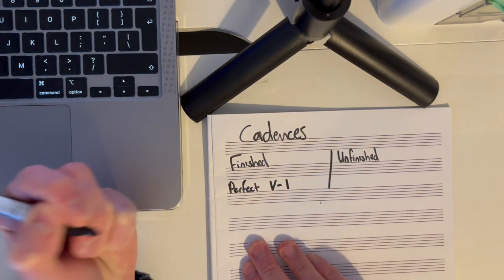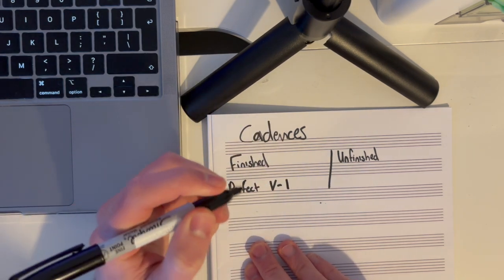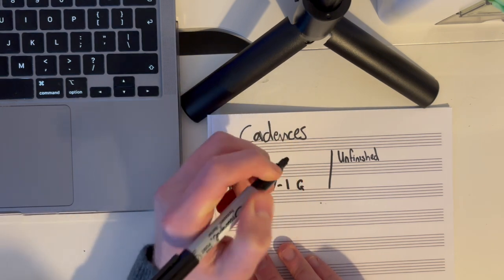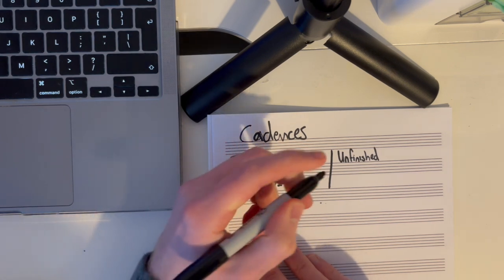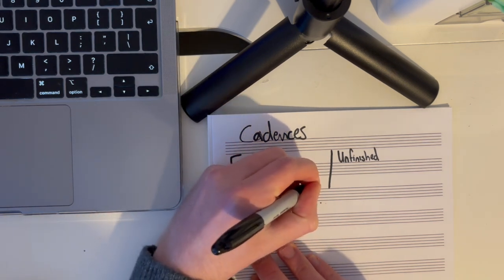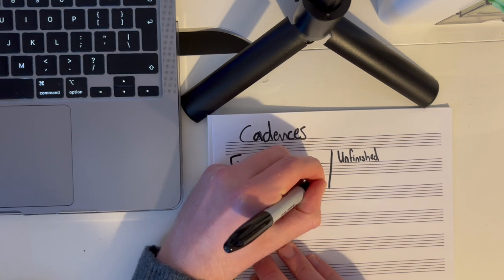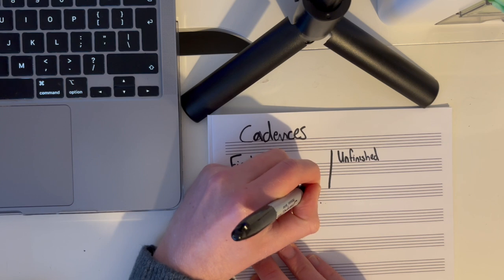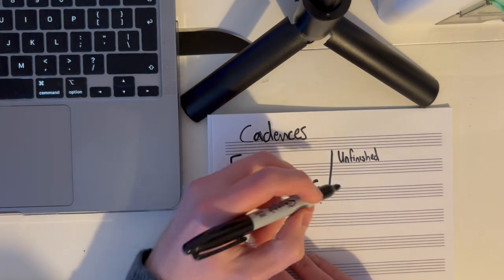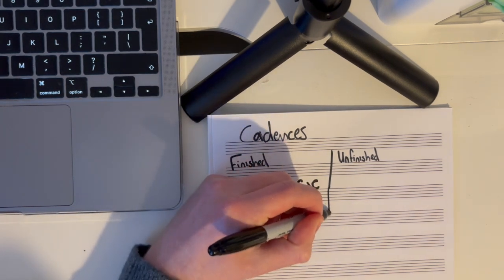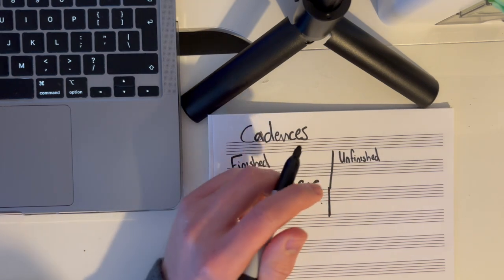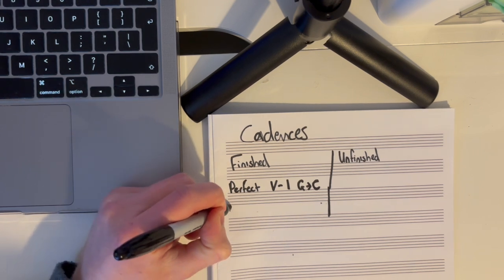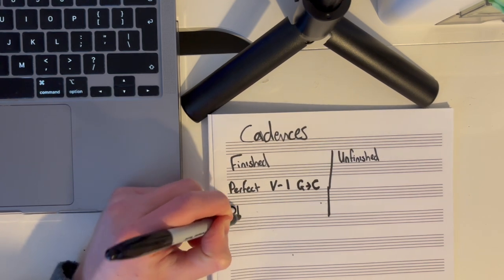So in the key of C major, that would be from G, because G is the 5th chord in the key of C, to a C major. So we have a G major going to a C major, and that would be a perfect cadence.